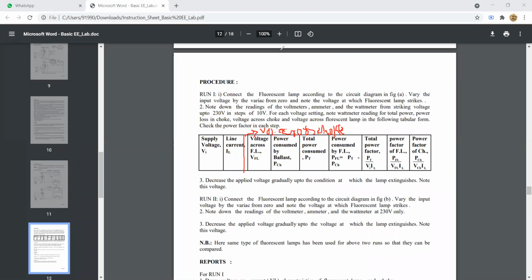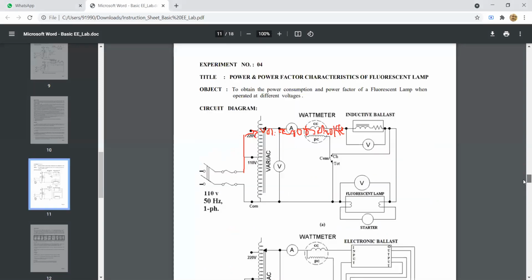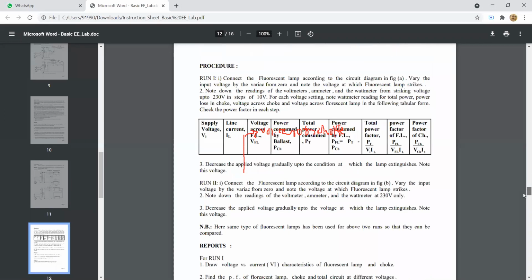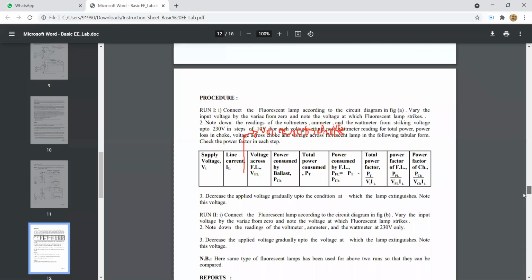Then you have to give the power switch, this power switch to total. If this COM switch is on total, then you will get the total power consumed, PT, right?